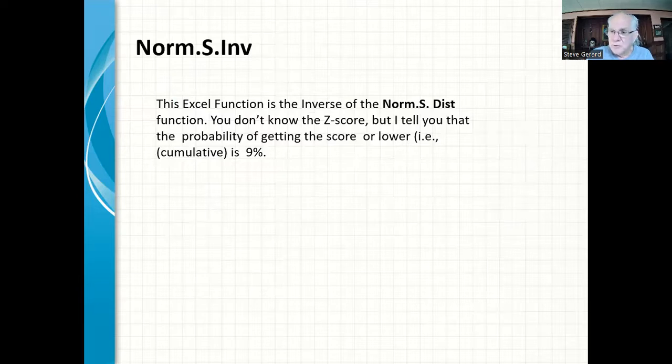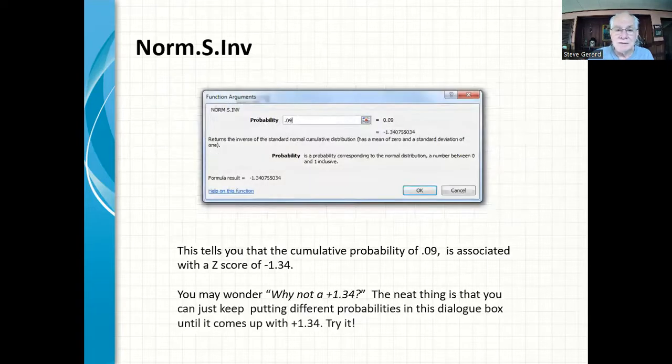Those were the norm.dist functions. Now the norm.inverse functions. In this case, you start with a probability and you want a score. And with norm.s.inv, the S here means you're working with a standardized distribution.